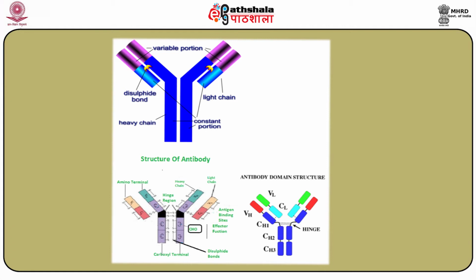Each monomer can bind to epitopes. It is monoclonal if it binds with one epitope, otherwise polyclonal. Fab fragments are monoclonal.